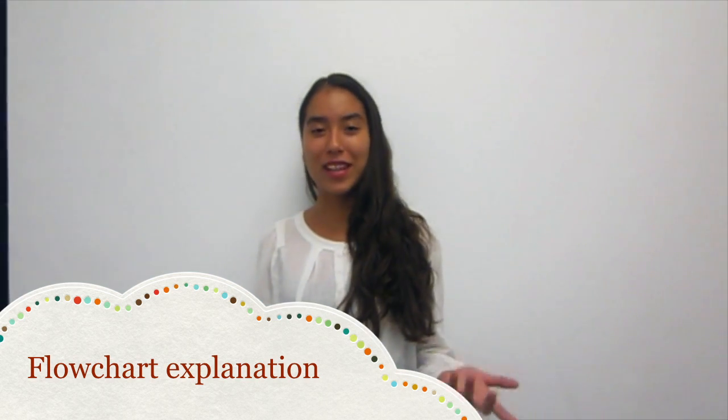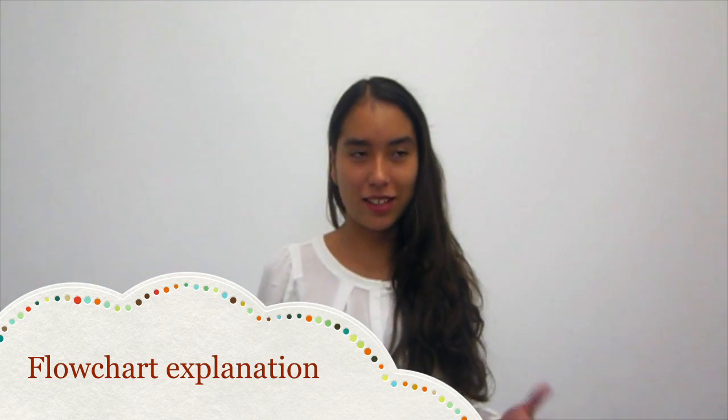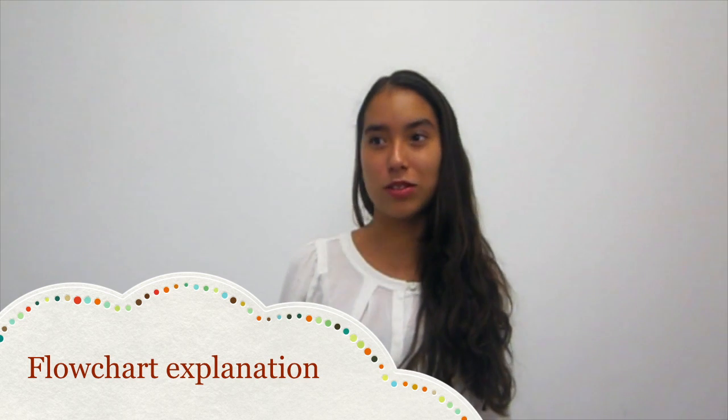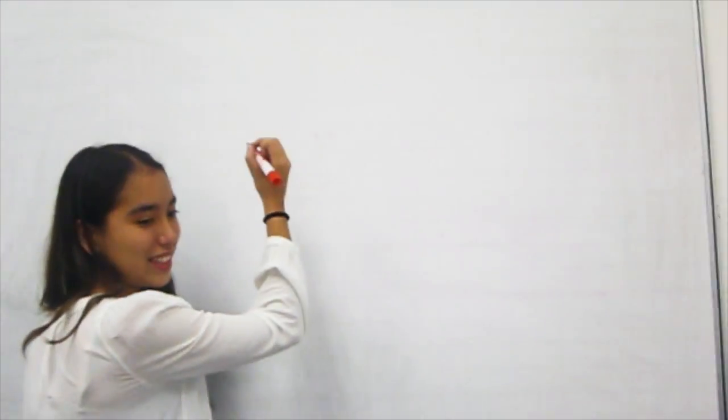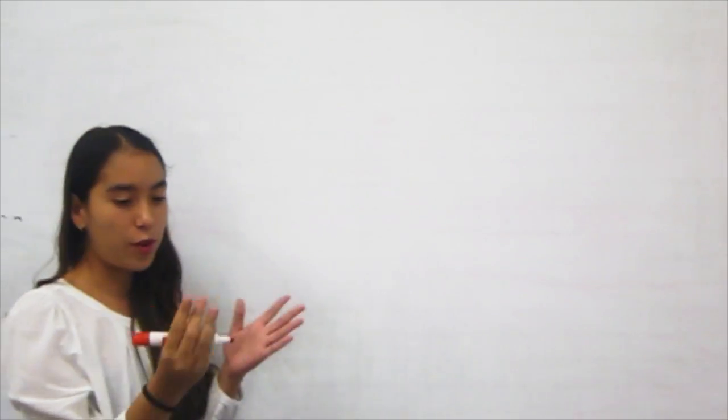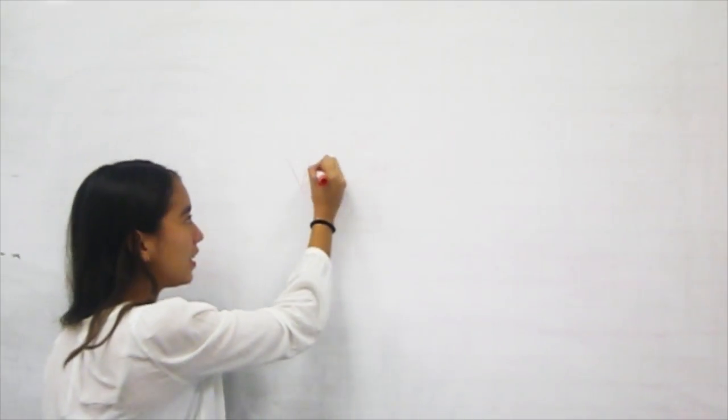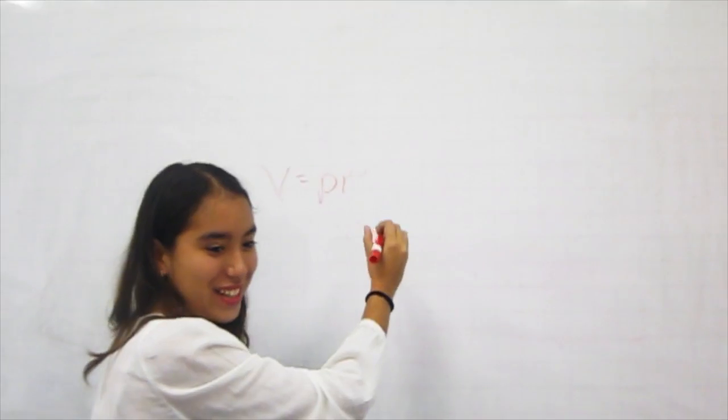First, what we did was analyze the problem and find what was missing to solve it. The second thing we did was find the formulas of the sphere and the cylinder. Then we analyzed that we needed to combine both formulas.